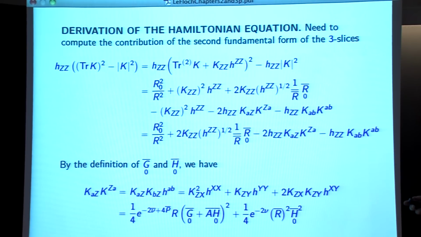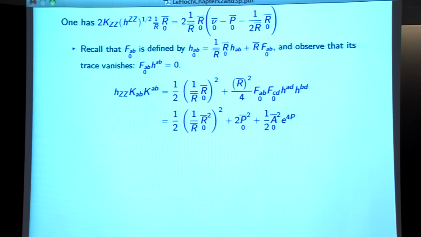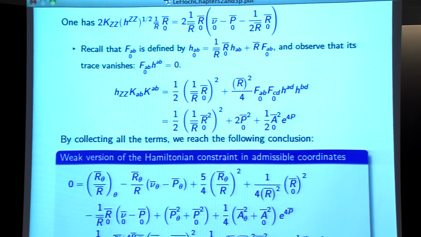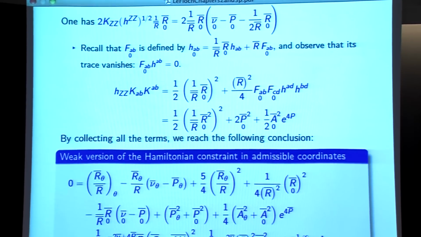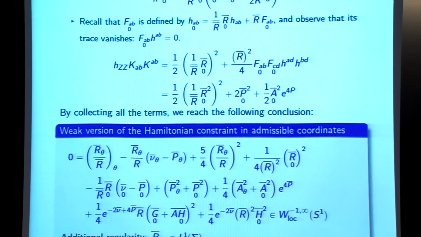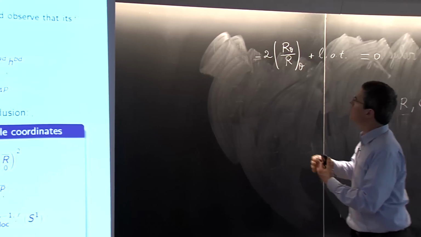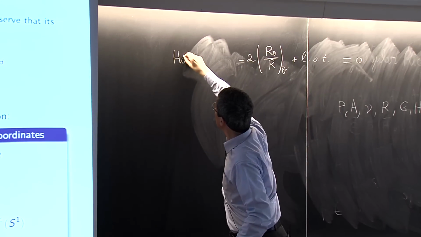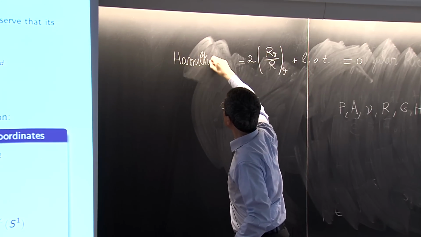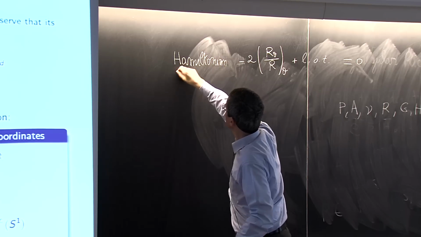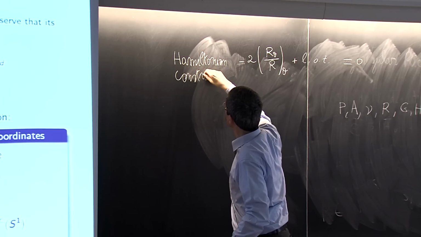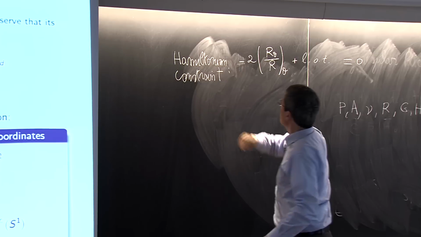So there are still more terms to be computed. Don't try to go through the details on the screen, but please look at them afterwards if you wish. And after some more work, we are indeed where I wanted to arrive. So we do have the Hamiltonian constraint, which has this form.